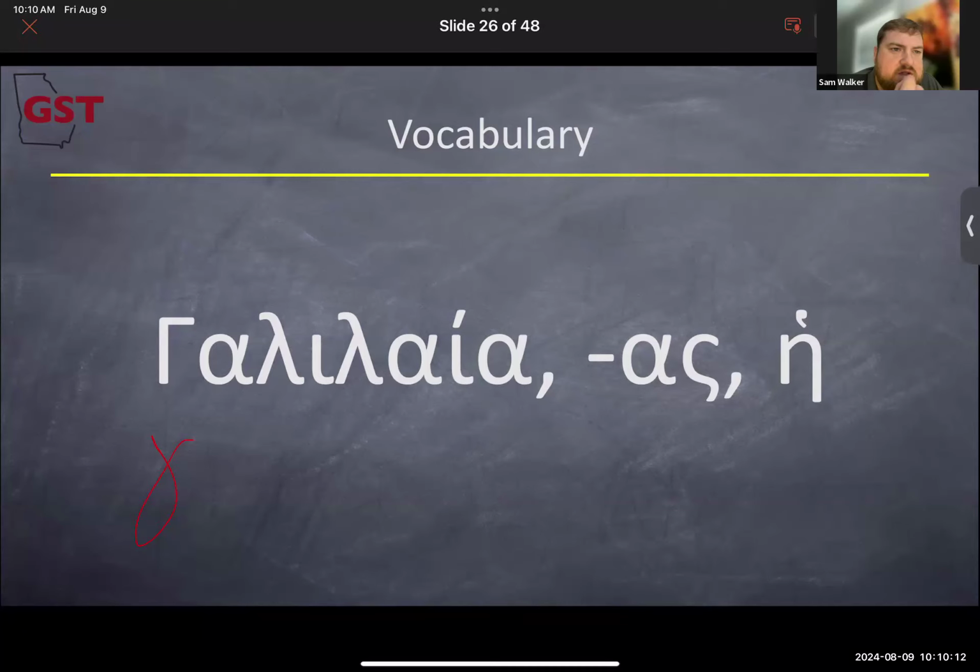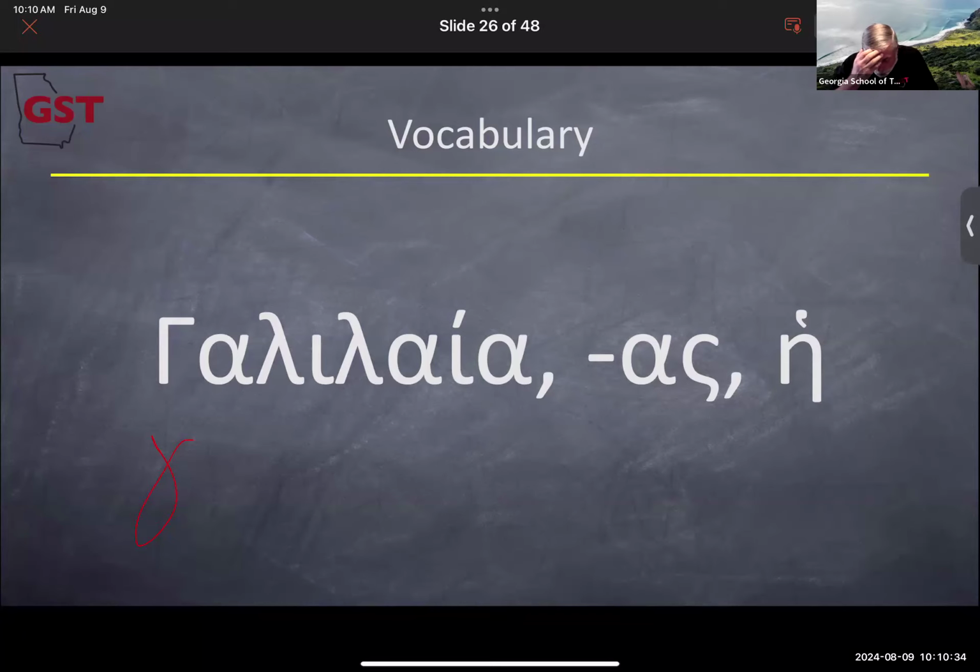So how many syllables? There's 1, 2, 3. So there's 5 syllables? One of them's the diphthong, the alpha iota. So how many syllables are there? 1, 2, 3, 4. There you go.